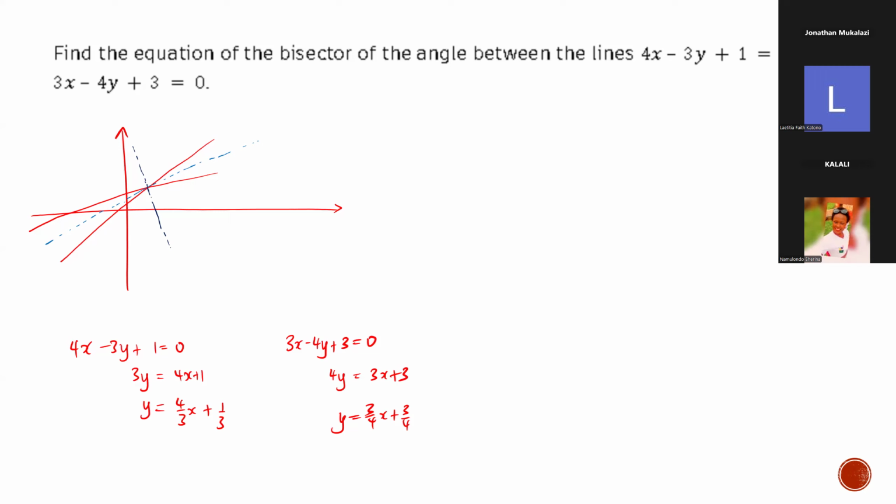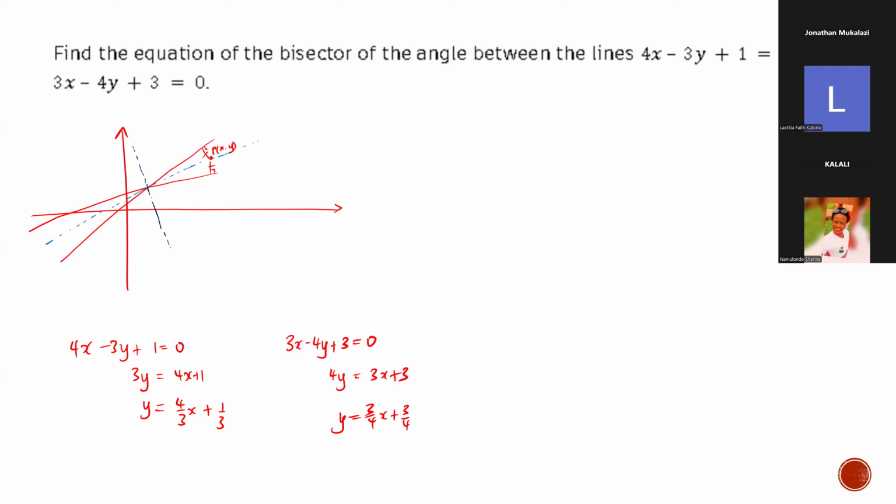But we could also use the fact, and that's the first thing we're going to do, that for any point that lies on the angle bisector, let's have an arbitrary point P(x, y), its minimum distance from this line is exactly the same as its minimum distance from the other line. That's a property of points that lie on the angle bisector, and so we're going to use that to determine the equations of the angle bisectors. But we're also going to look at the other method since we have some time on our hands, and this is the last question.